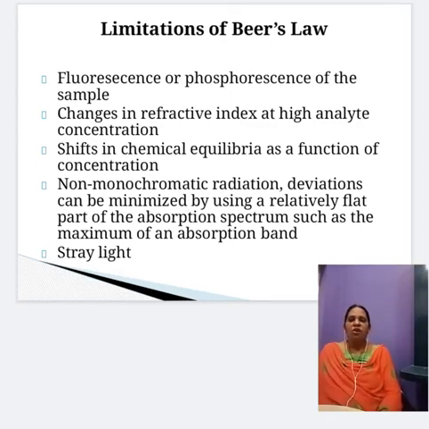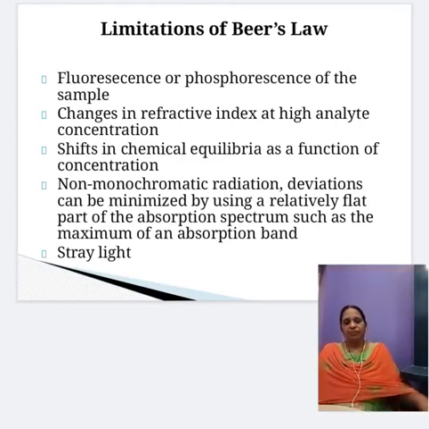Then non-monochromatic radiation. As I told you, the radiation must be monochromatic in nature. Deviations can be minimized by using a relatively flat part of the absorption spectrum, such as the maximum of an absorption band. Then we have the stray light. The stray light also affects the absorption.